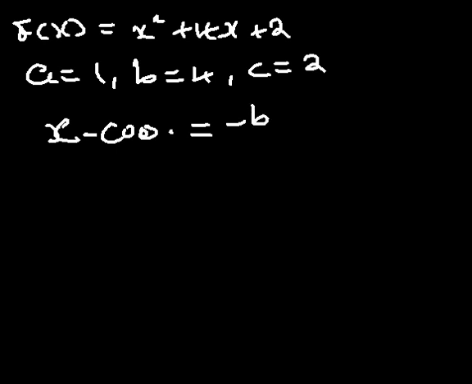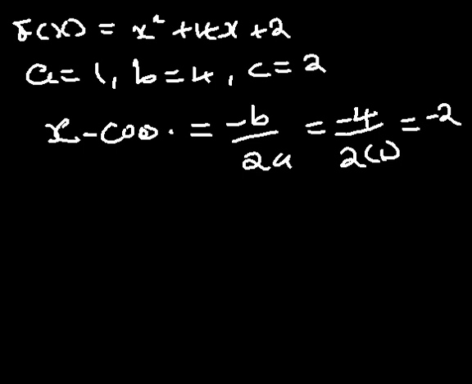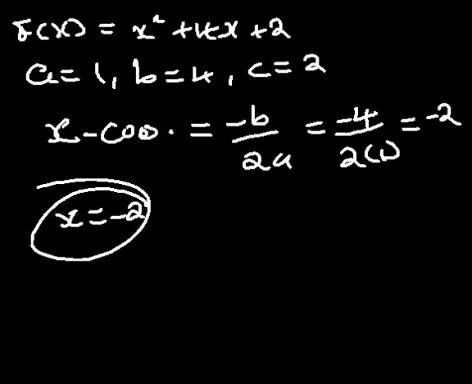We have it as negative b over 2a. So we'll have negative 4 over 2 times 1. That will be negative 2. So at the turning point, we have the x coordinate as negative 2. Which means the equation of the line of symmetry is x is equal to negative 2. We are done there.